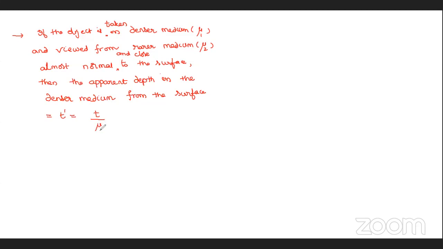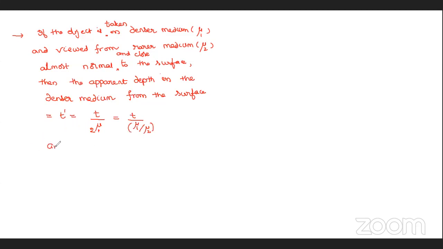Mu. Sir, mu, left side 2, right side 1, sir. Okay, that is mu1 with respect to 2. Right, t by mu1 by mu2. Okay, good. This is the formula.